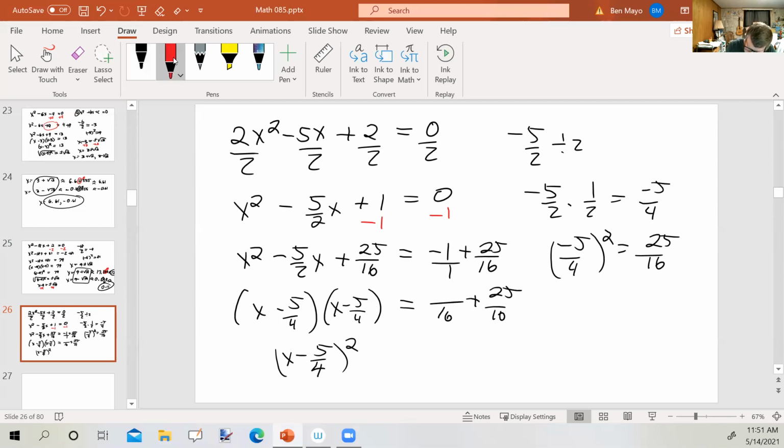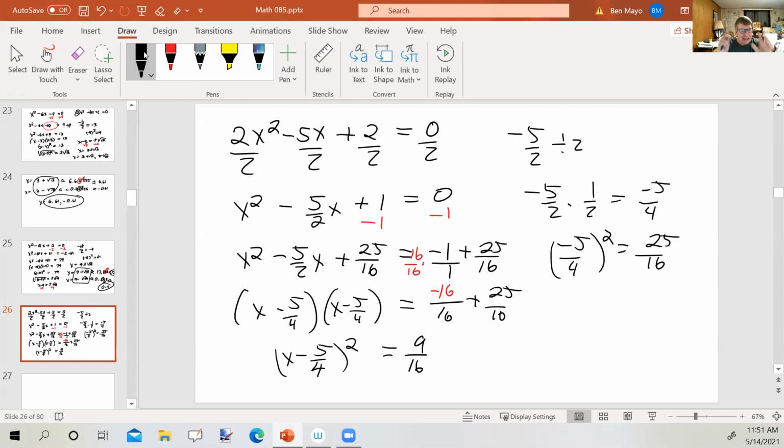So I'm going to multiply -1 by 16 over 16, which gives me -16/16 plus 25/16, which is going to be 9/16. Okay, before we go on, let's review.